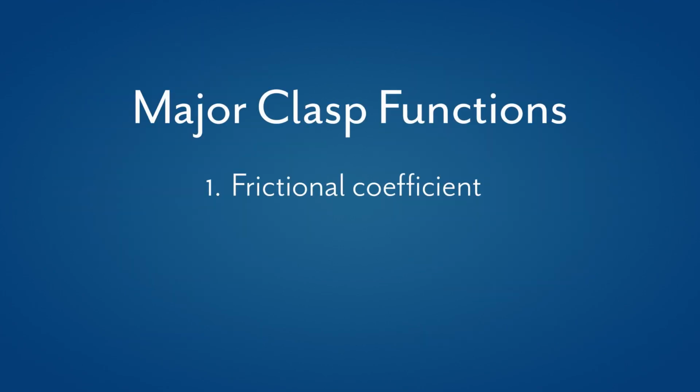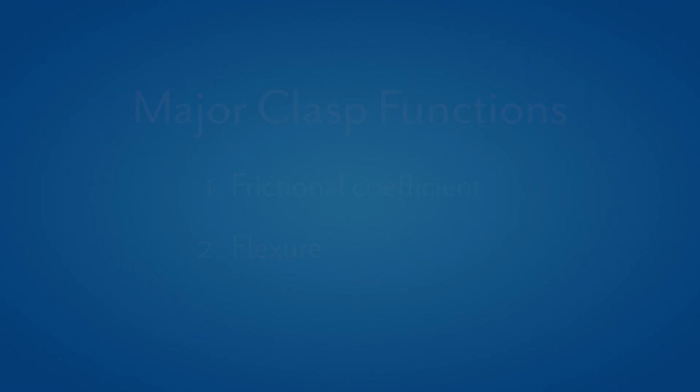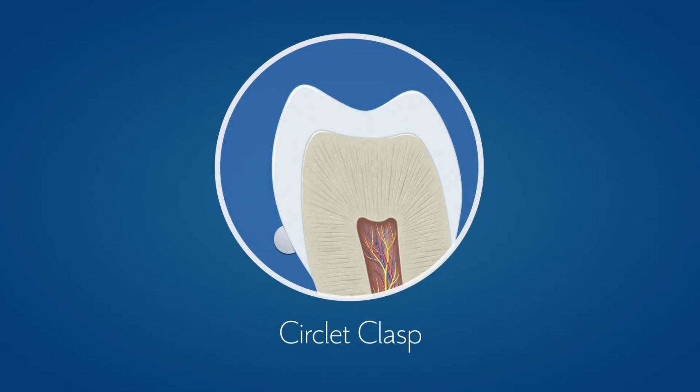The second functional difference is related to the flexure of the clasps. For the circlet clasp, flexure occurs along a pathway that is perpendicular to the clasp's flat surface. This is termed planar flexure because it occurs only in one plane. In contrast, the cross-section of the combination clasp is circular.